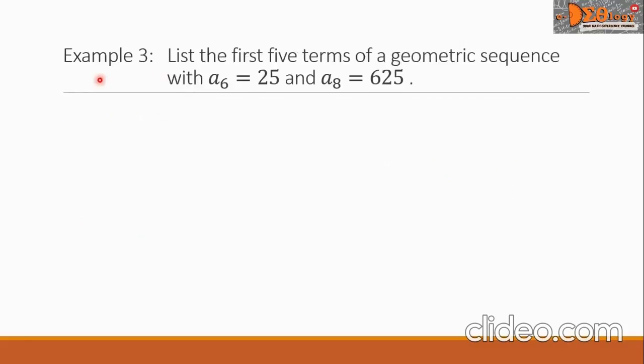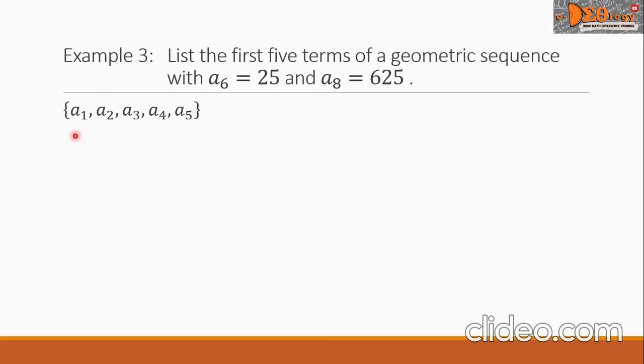Let us have example 3. List the first 5 terms of a geometric sequence with a sub 6 equals 25 and a sub 8 equals 625. Here we have the 5 terms of a geometric sequence in general form.